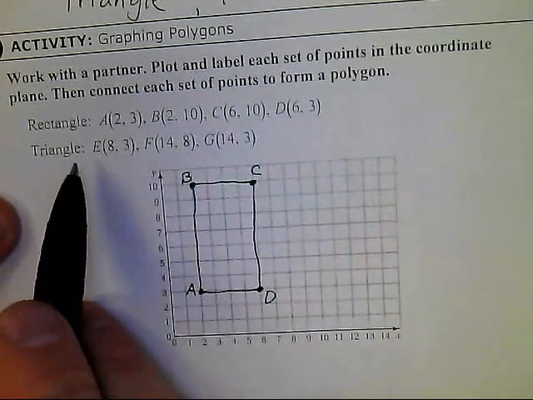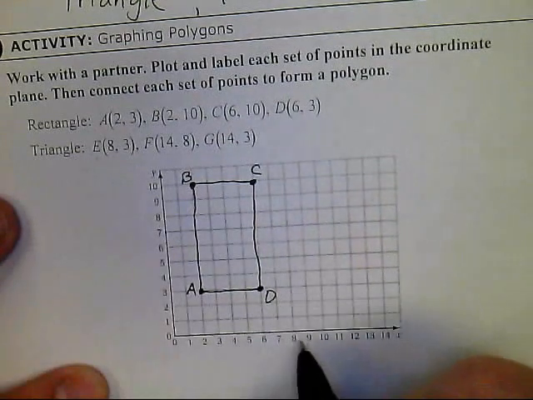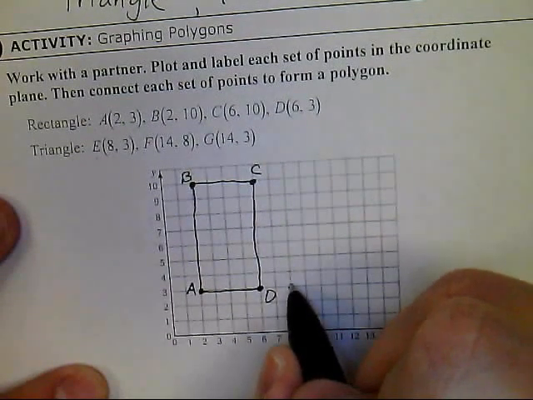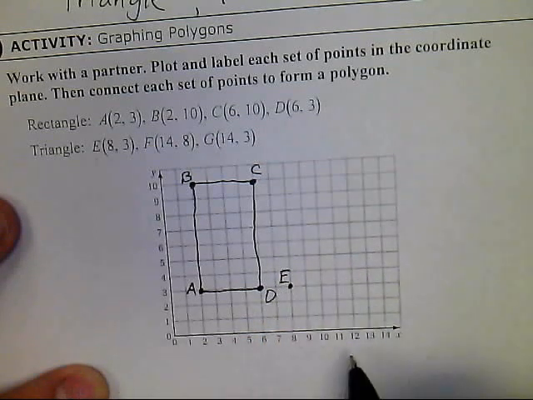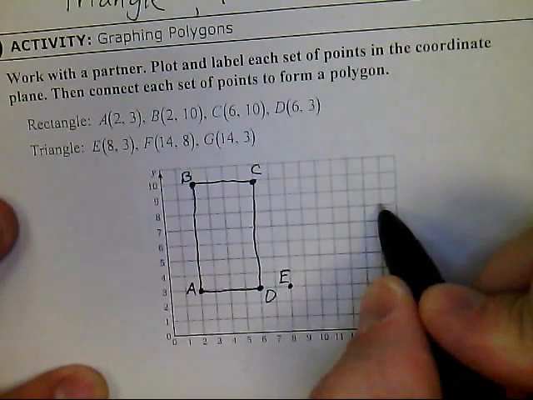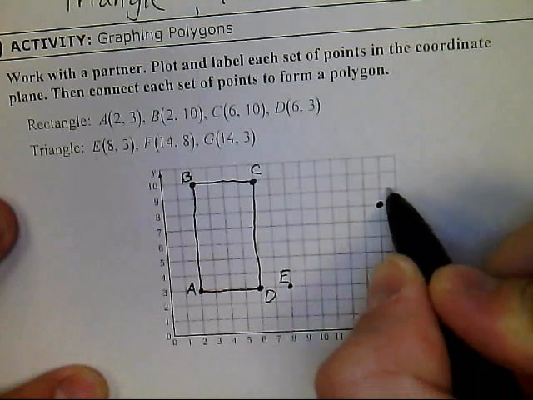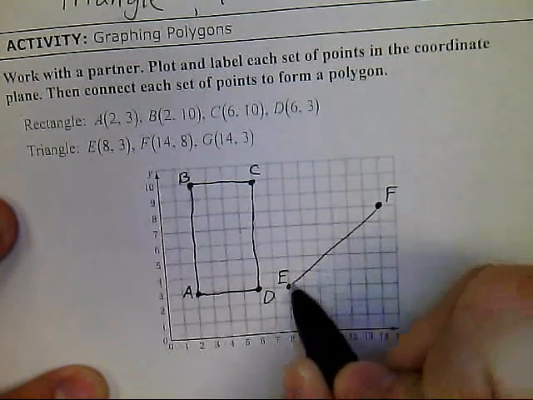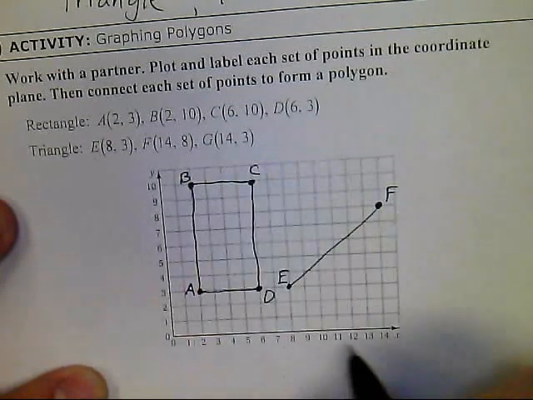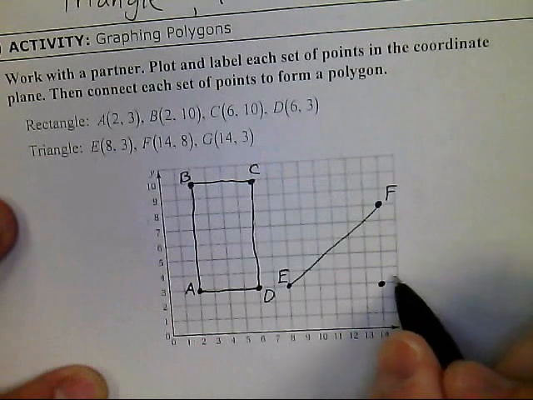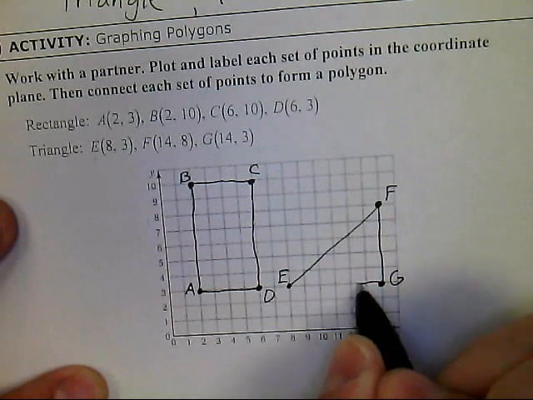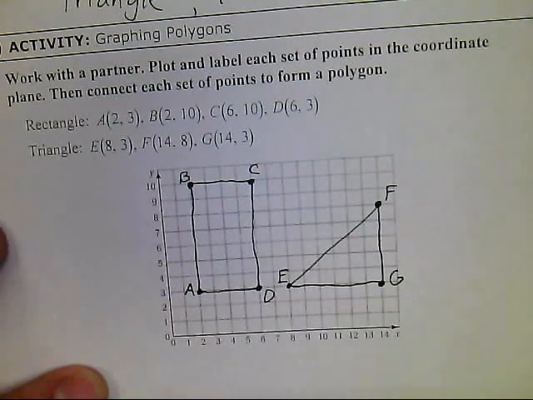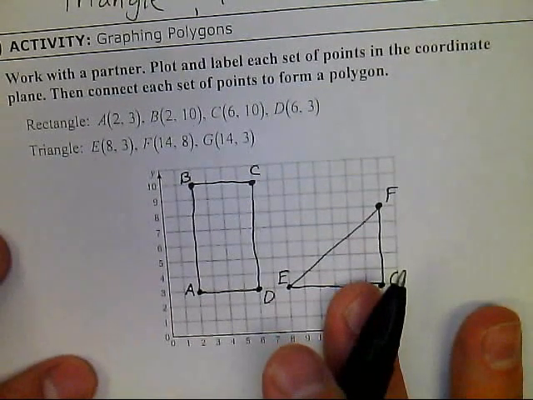Now I'm going to go ahead and plot the points for the triangle. So that's 8, 3 would be letter E. 14, 8, which would be right here for letter F. And 14, 3 for letter G. And then since it's the last point, I can connect it back to make my triangle. So I've completed this part of activity 2.